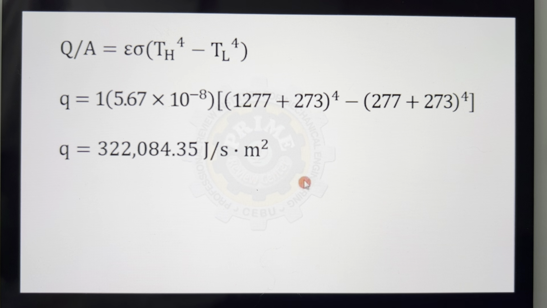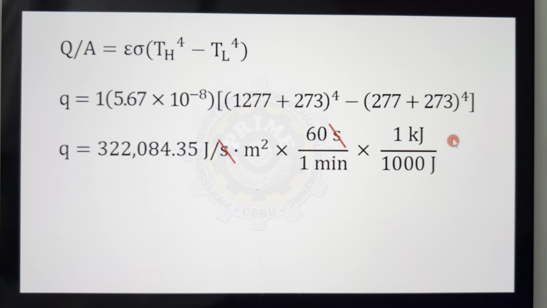Now take note na sa problem, dapat ang unit is kilojoule per minute per square meter. So ko-convert natin yung joule to kilojoule as well as yung seconds to minute. So multiply by the conversion factor. In 1 minute merong 60 seconds. So cancel out ang unit na second, then convert natin yung joule to kilojoule.